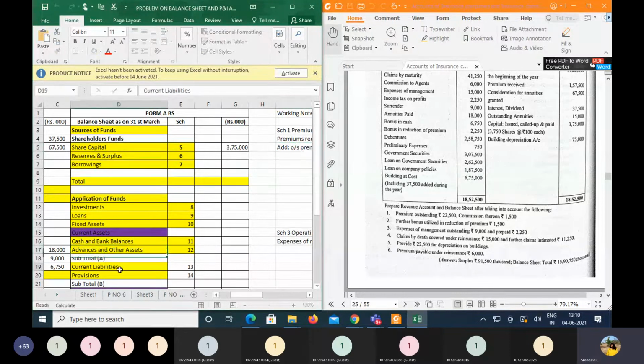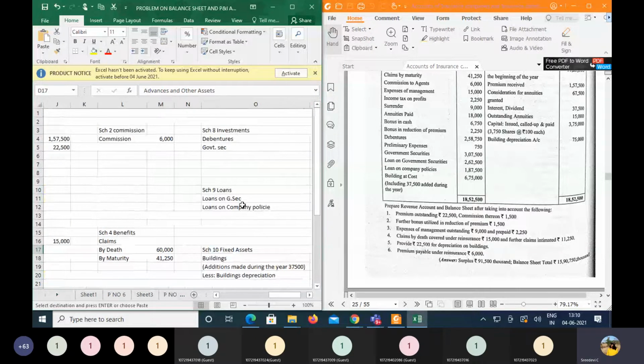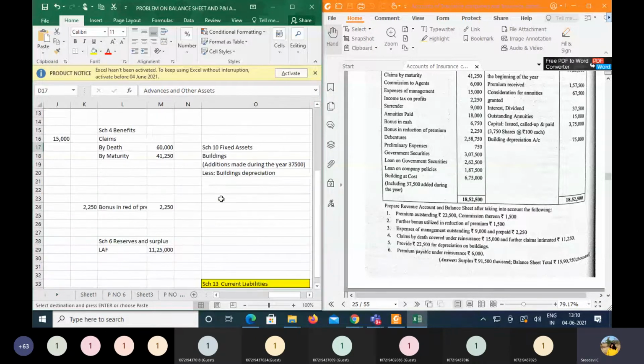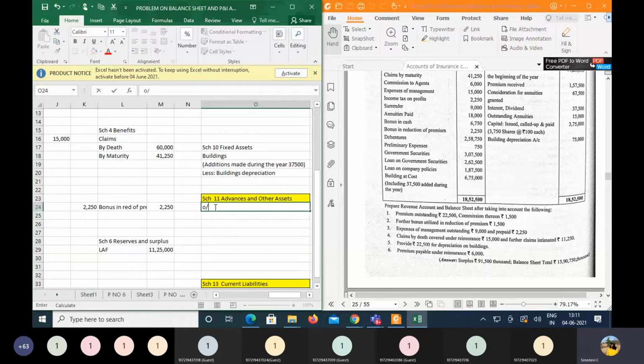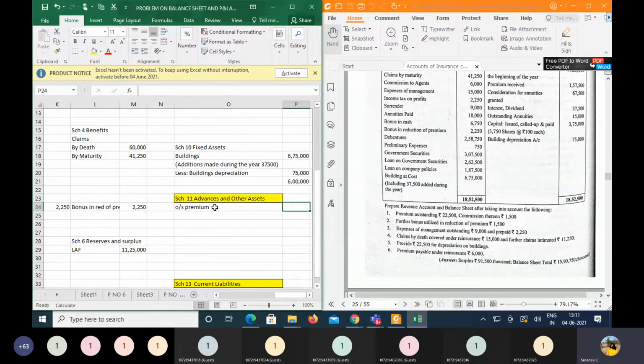So what I'm doing here is picking up the advances and the other assets, and here let us take it after 10, because after 10 we have the schedule number 11. Therefore I'm mentioning this as schedule 11. Now under this you can write down outstanding premiums, because it's an income still to be collected, and the amount of the premium outstanding here is 22,000.